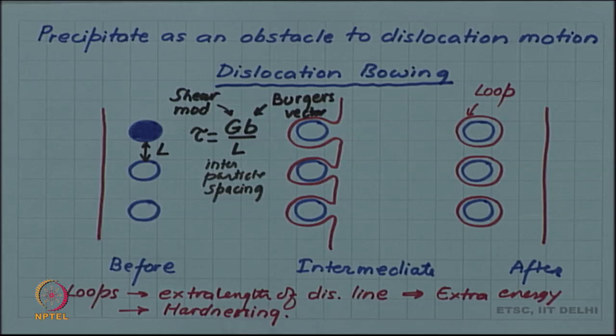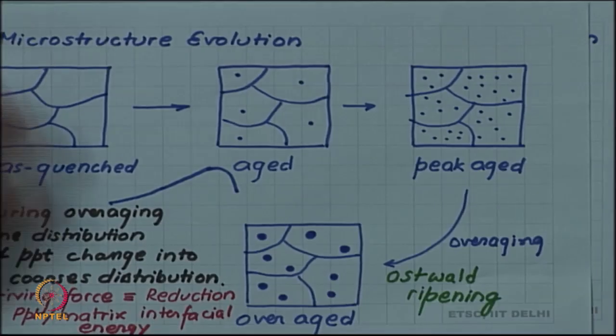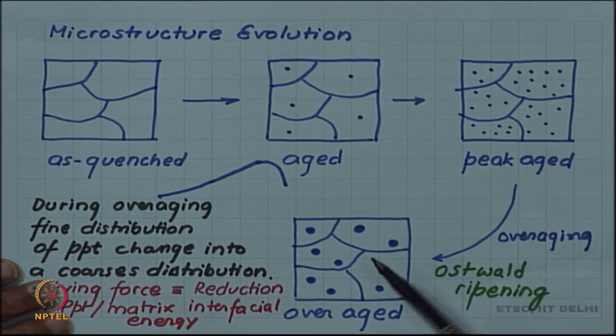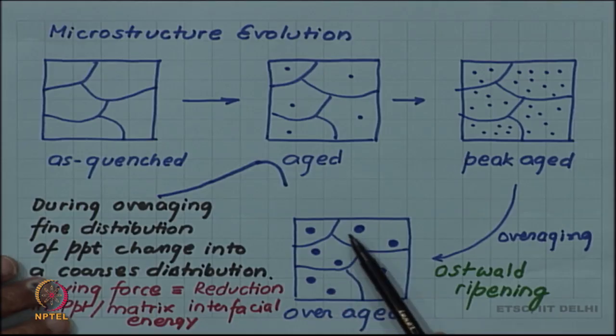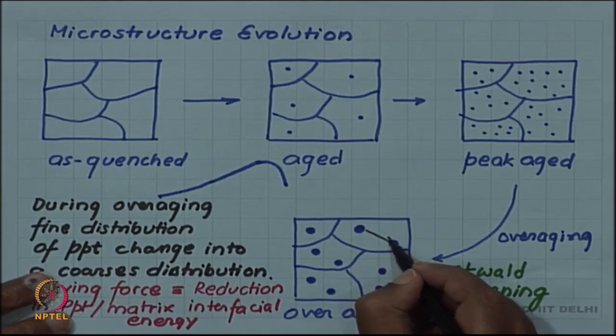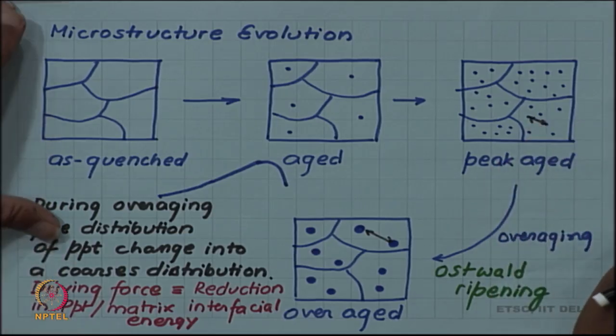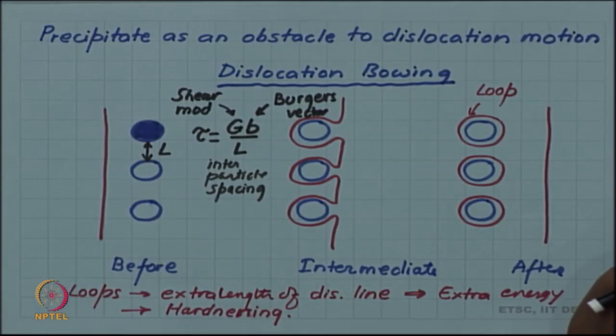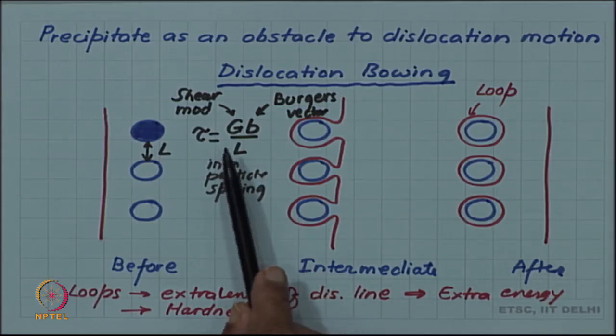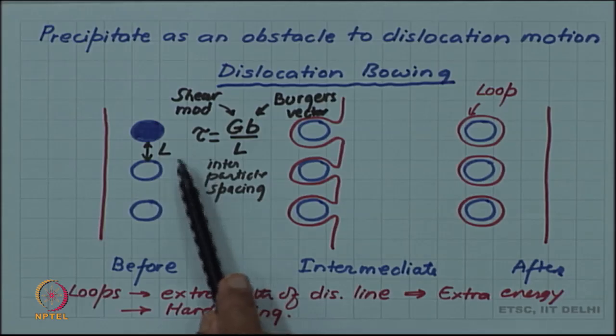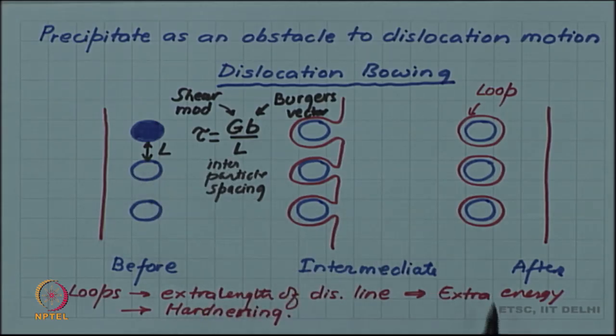You can see from this microstructure here, if the same volume is distributed into a smaller number of coarse particles, the interparticle spacing is much more than the interparticle spacing in case of fine distribution. So, as L increases, the stress required to move the dislocation will come down and you will have the decrease in the hardness during overaging.